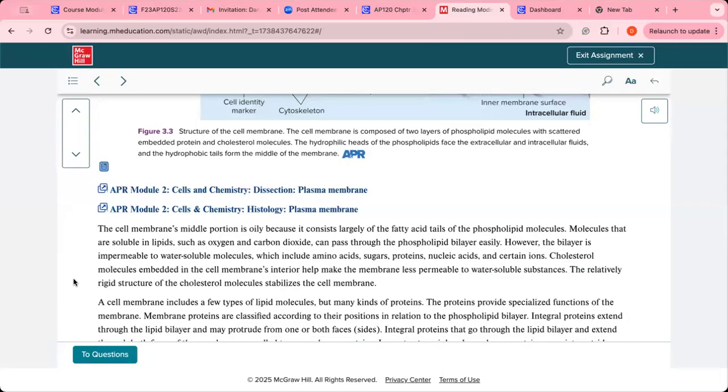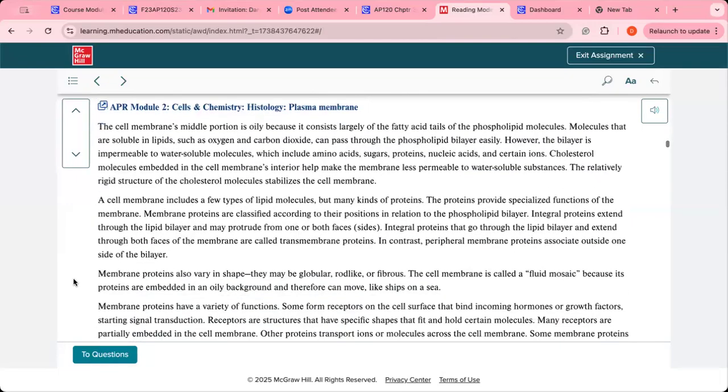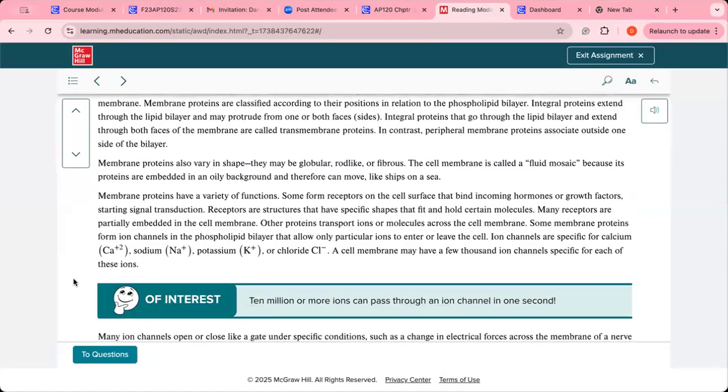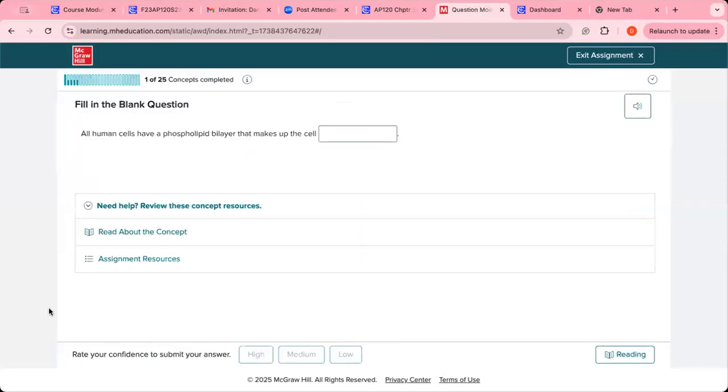Keep going. I want to see if it says, okay, I'm not sure what it wants. Go back to the question. All human cells have a, I think all they want there is membrane. All human cells have a phospholipid bilayer that makes up the cell membrane. I was thinking they wanted to know more about the membrane.